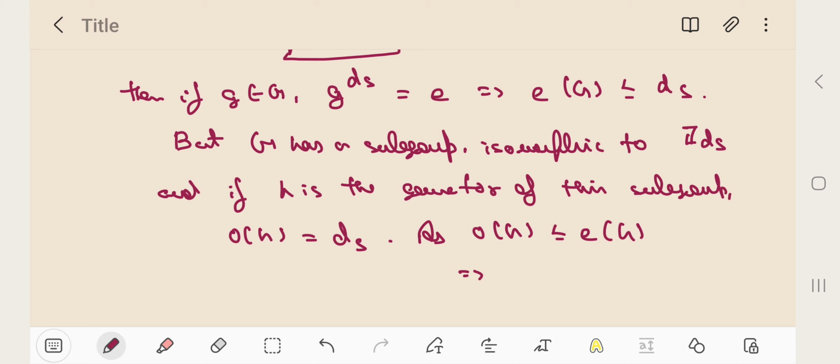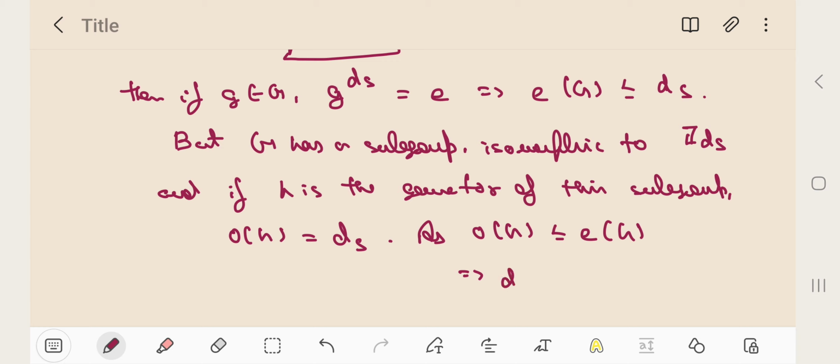And we know that if an element has a given finite order and that element raised to any other power equals 1, then the order must divide that power. In other words, the order must be less than or equal to that exponent. So the order of h must be less than or equal to the exponent of G.